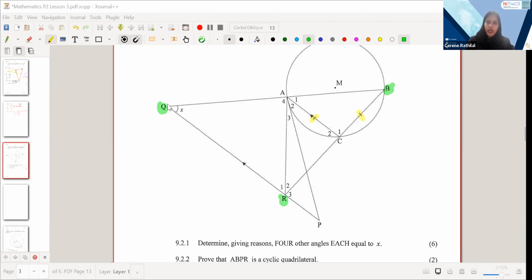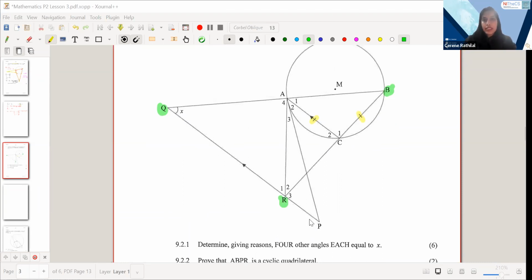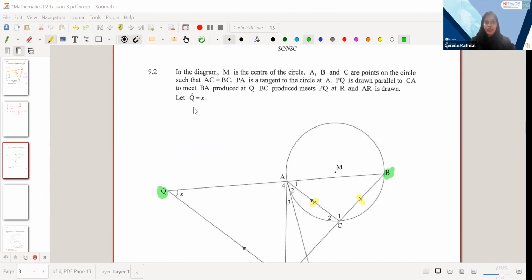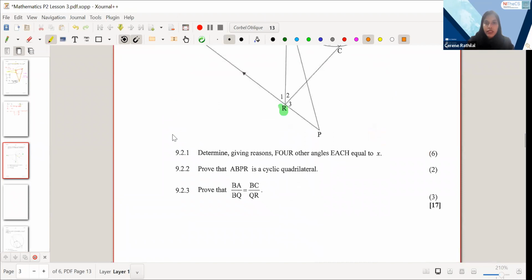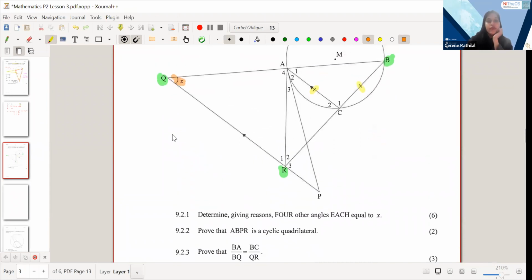It continues to R and there's PQ. Perfect, we can see that. And we're told that angle Q is equal to X. So let angle Q equal X. All right, wonderful. So we're given this information. This angle is X. Right, so what do we need to find out? We need to determine, giving reasons, the other angles that are also equal to X.